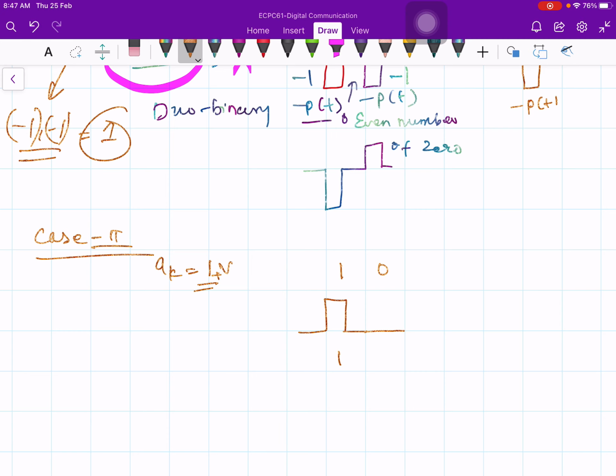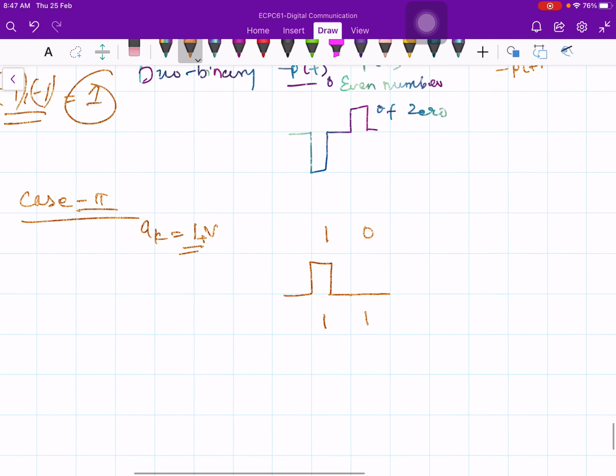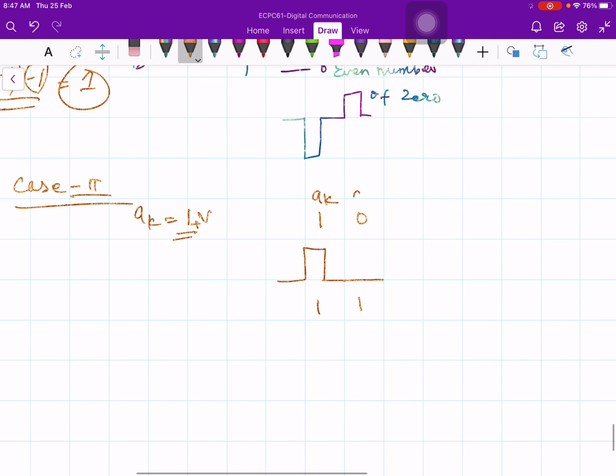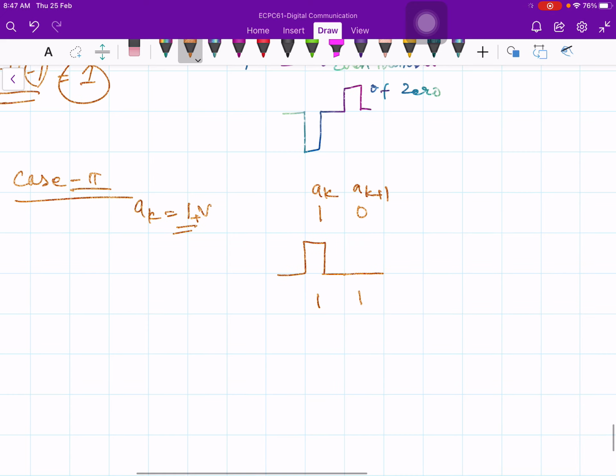Or you can have 1 and the next bit also 1. This is AK and this is AK plus 1. So you start with 1. What about the next pulse? Same polarity. Don't change the polarity, because in between we have an even number of zeros.